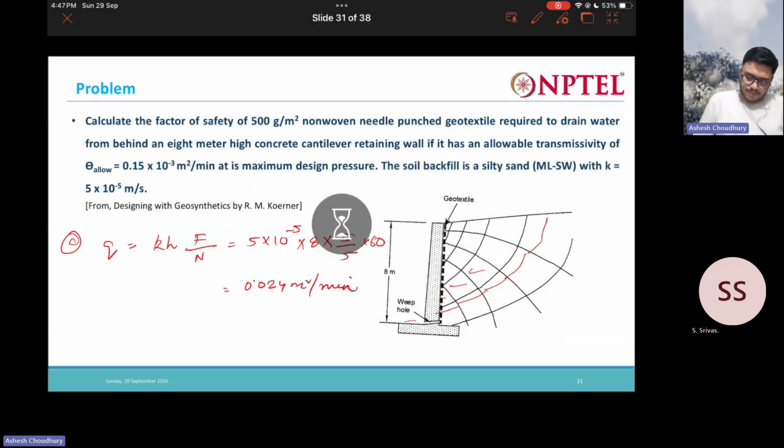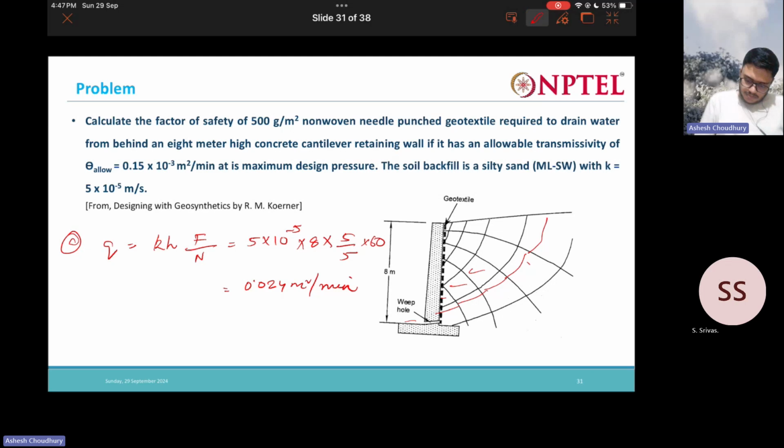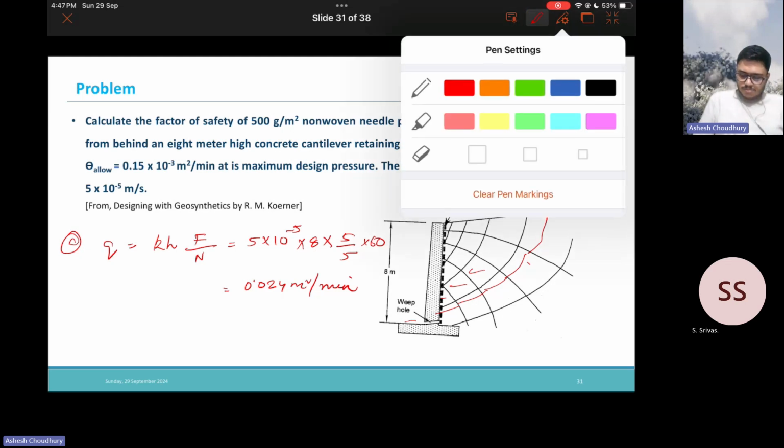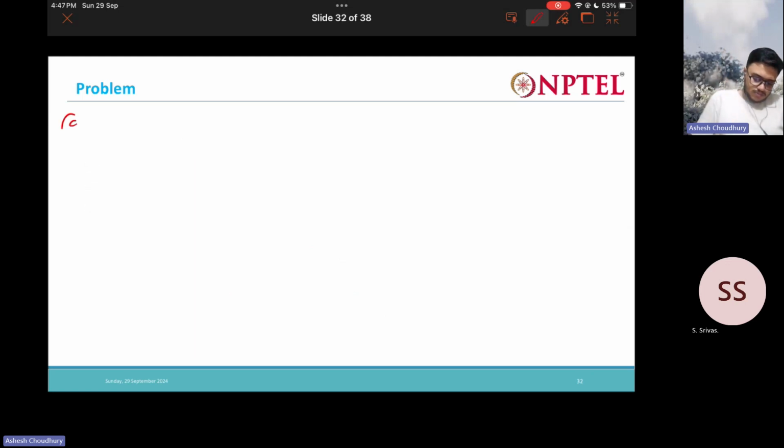The flow is going straight along this line, similar to what we did in the previous problem.